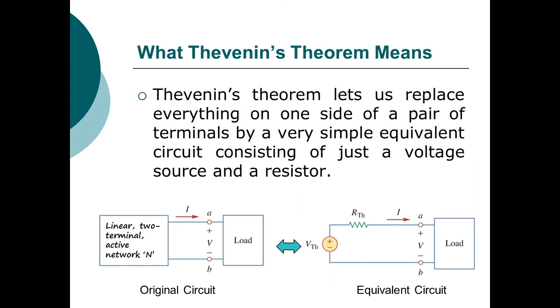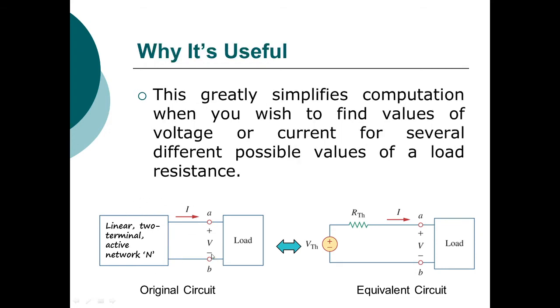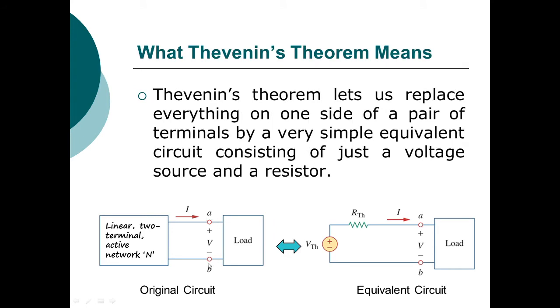So what does Thevenin's theorem basically mean? This theorem lets us replace everything on one side of a pair of terminals. This is the terminal pair, this is the left hand side which is a complex network, and this is the right hand side which has the load.